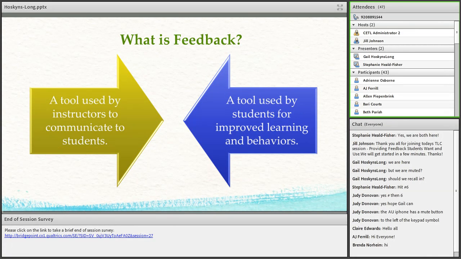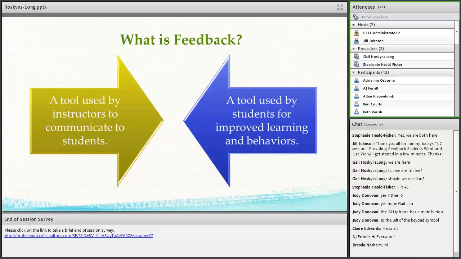So a little bit of background. What is feedback? Well, it's a tool that's used by instructors to communicate to their students, and a tool that's used by students to hopefully improve their learning behaviors. Unfortunately, we found that delivering usable feedback continues to be an area of disconnect between students and instructors.